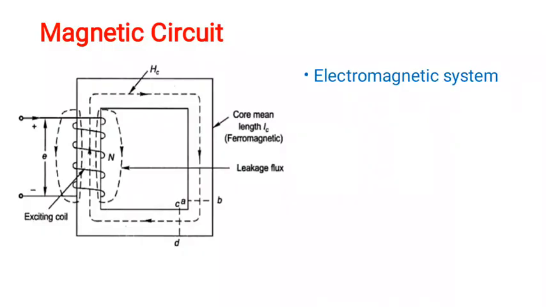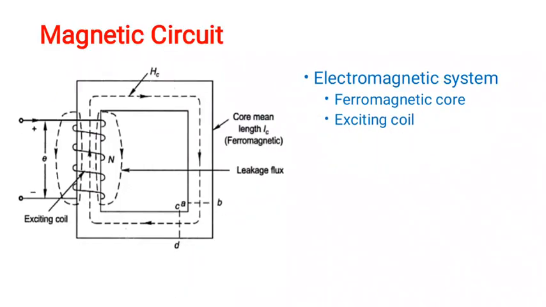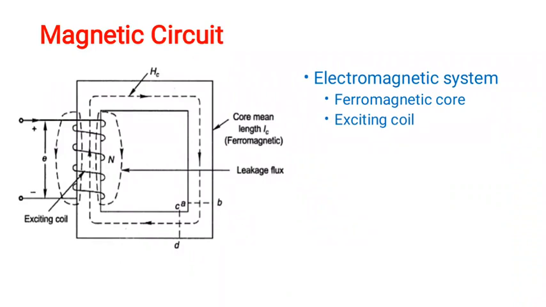This core is called an iron core or a steel core, which has a high permeability to the flux. So this is a ferromagnetic core, and this is your exciting coil.